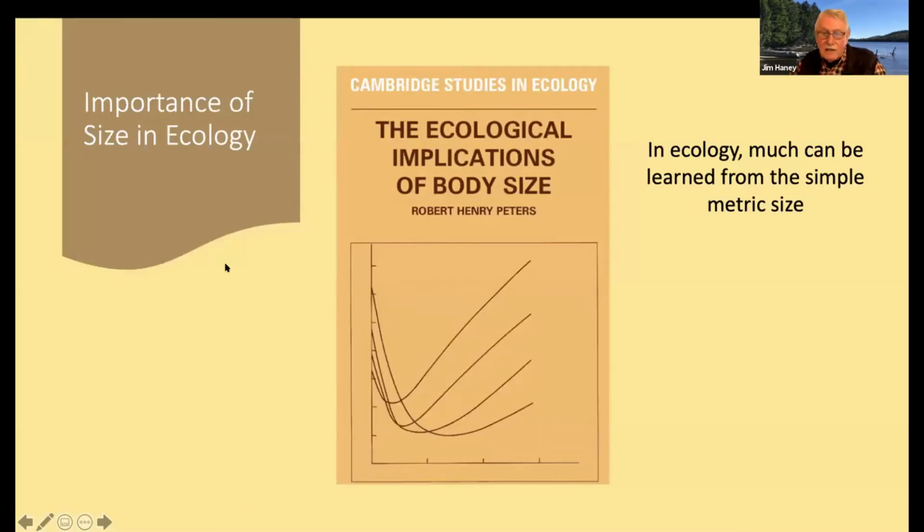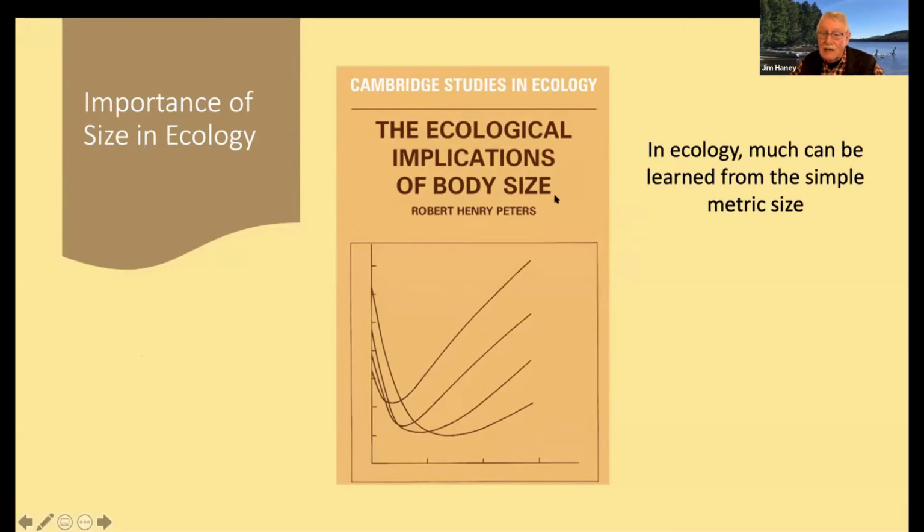One of my colleagues and friends, Rob Peters, wrote a book about the ecological implications of body size. What I was impressed with in this book, he compared the body size of bacteria to the body size of elephants and whales, and found that they had many things in common.